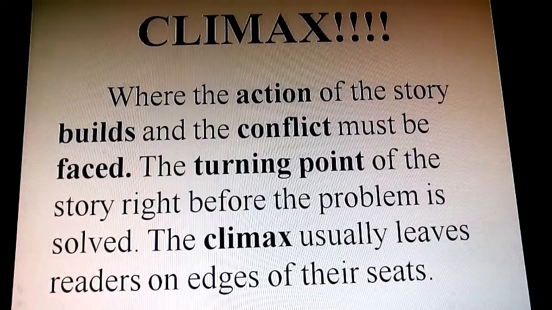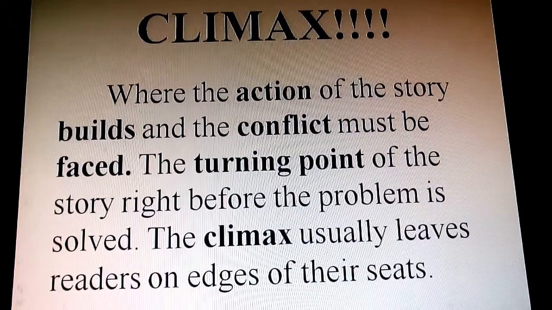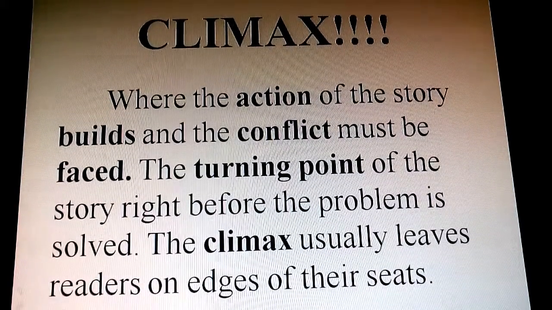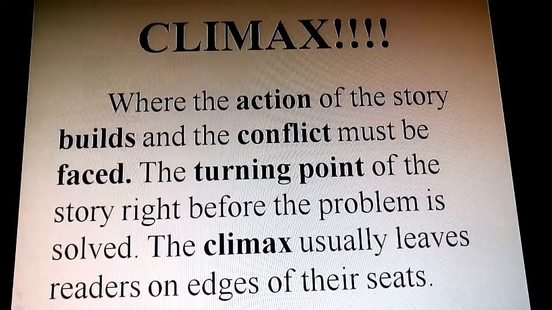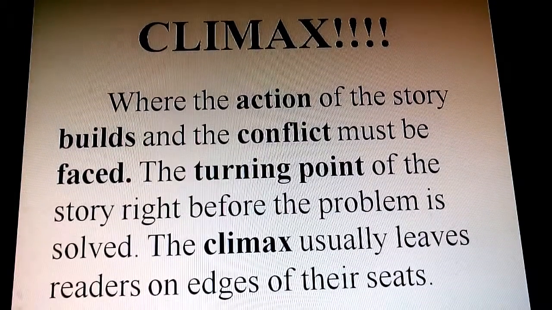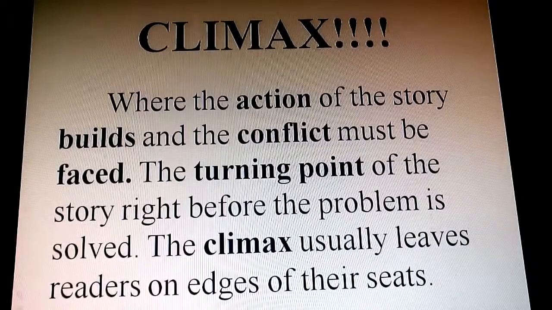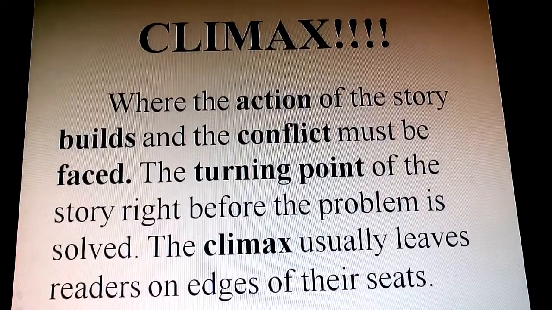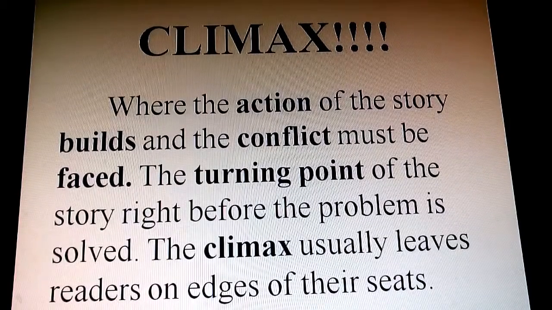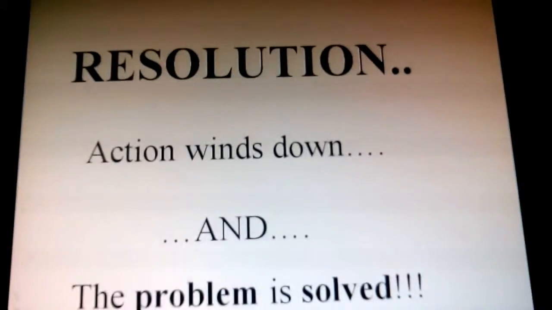It's usually the point where the antagonist and the protagonist meet and face each other. Thus, conflicts must be faced, and usually you would know how the story would end after the climax. And after the climax, we have what we call the resolution.